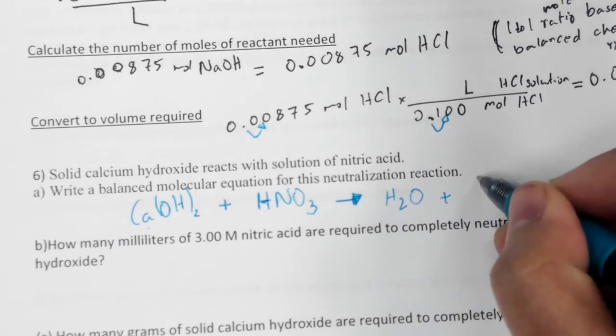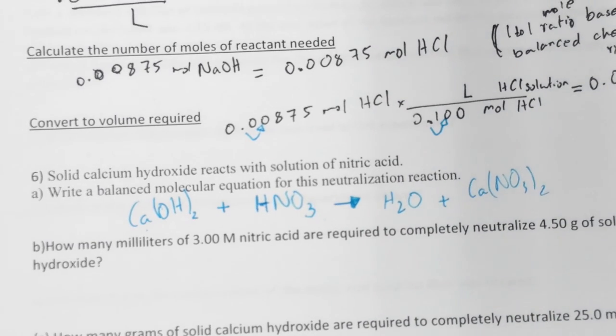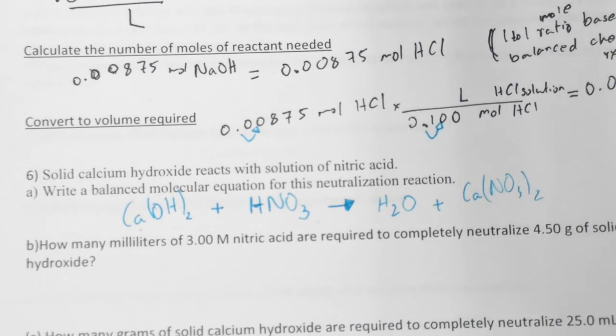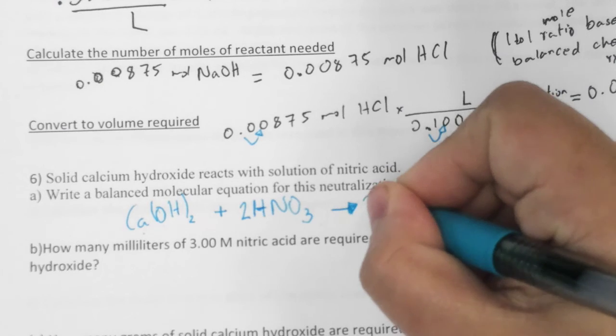Leaving Ca with the NO3. We've got to balance the charges. Unless you're writing a net ionic equation, and still you've got to balance the charges. Okay. Now what should we do? 2 on HNO3. That's it. Balanced? Technically not. There you go.